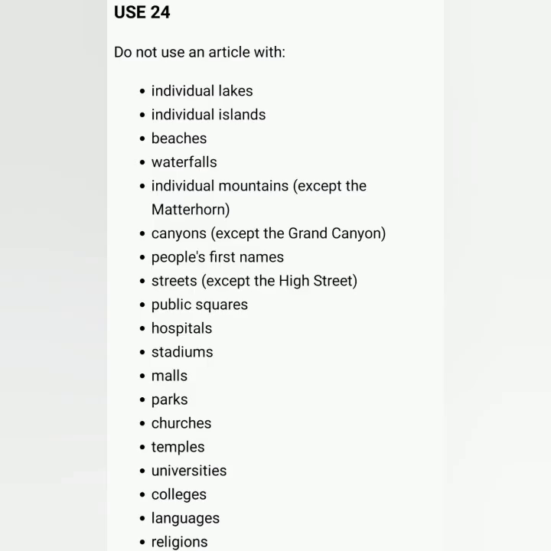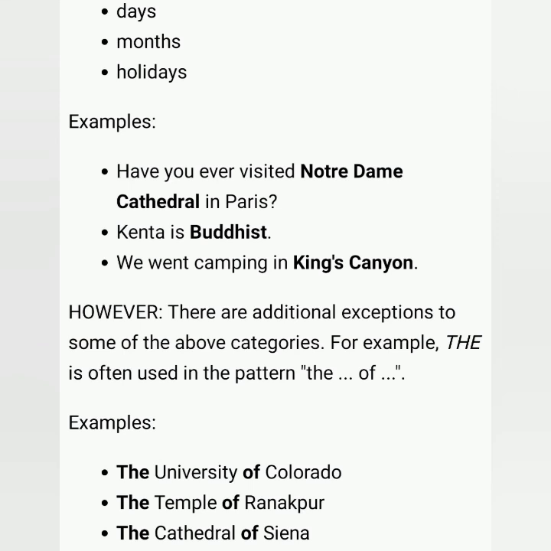Do not use an article with individual lakes, individual islands, beaches, waterfalls, individual mountains except the Matterhorn, canyons except the Grand Canyon, people's first names, streets except the High Street, public squares, hospitals, stadiums, malls, parks, churches, temples, universities, colleges, languages, and religions, days, months, holidays.